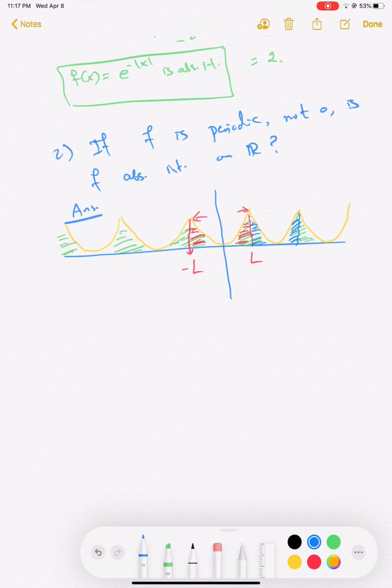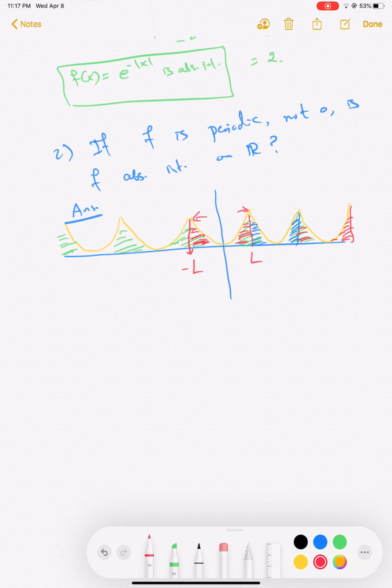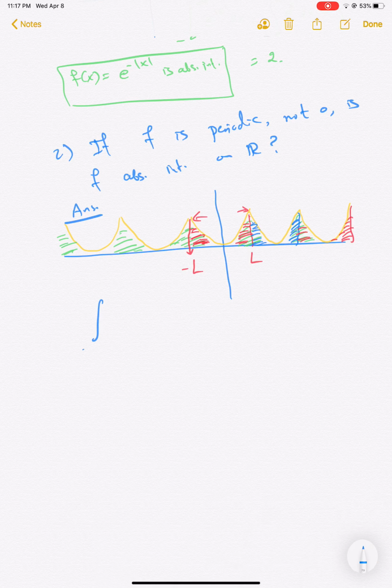Then this area is exactly this area, and so on, right? So regardless of how small this red area is, it will be repeated infinitely many times, which means in fact that the integral from negative infinity to infinity for any periodic function is infinity.